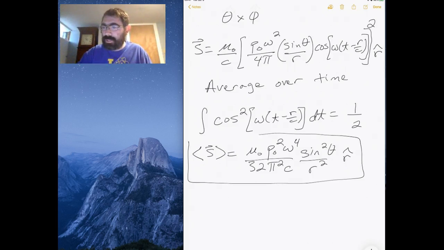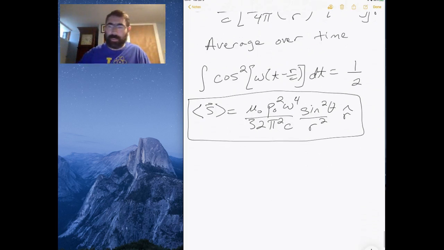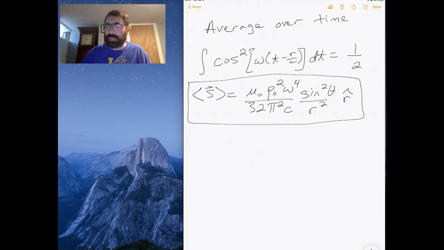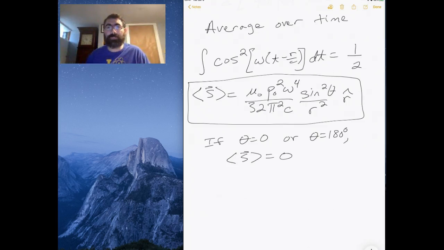So that is our average. So what does that mean? Well, there's a sine in there. So that means if theta is equal to 0 or theta is equal to 180 degrees, then our average is 0.